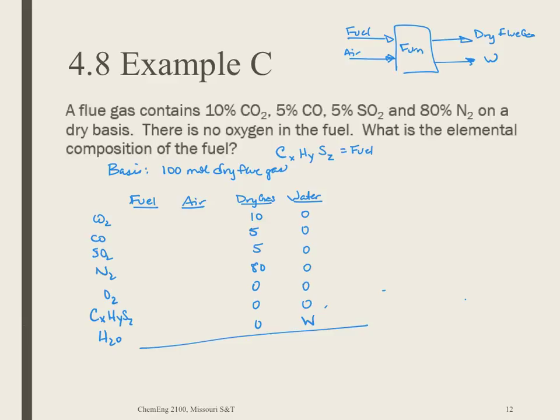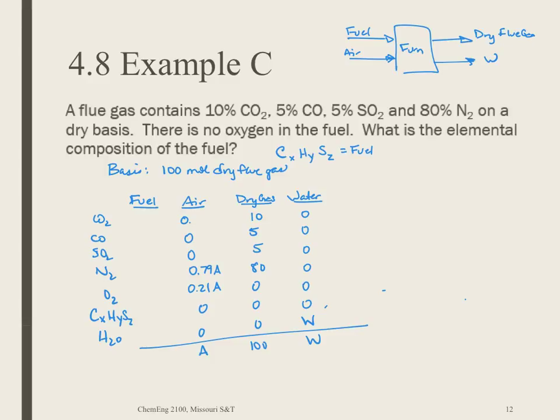We don't know how much, I'll just call it W. The air is going to be no CO2, no CO, no SO2, there is N2, 79% of A, and the oxygen is going to be 21% of A. No fuel, no water. So it's going to add up to a total of A. This is going to add up to a total of W.